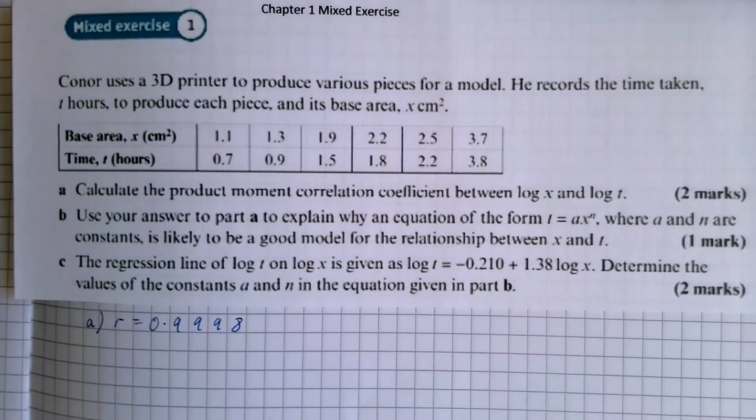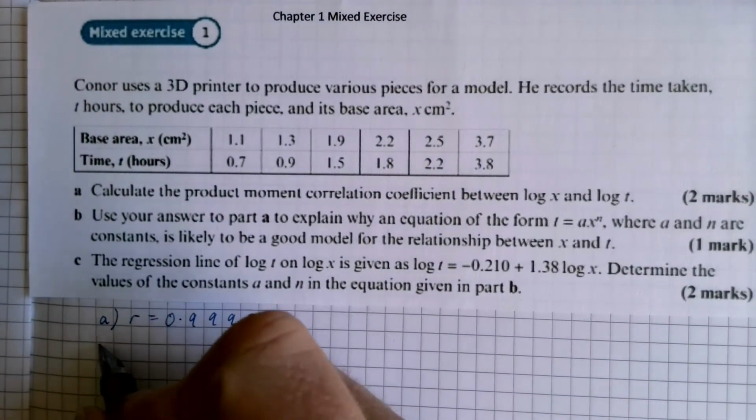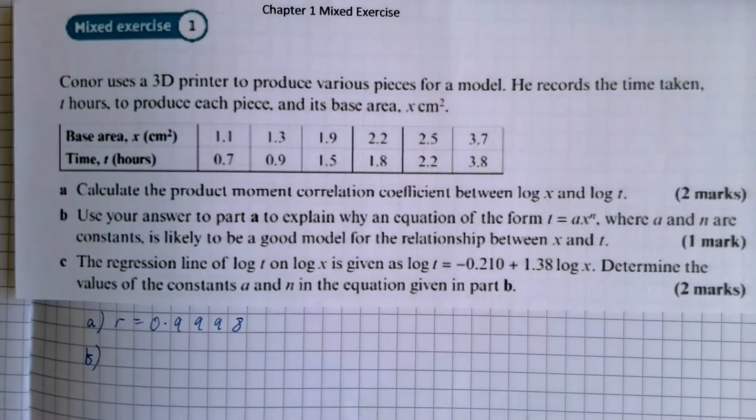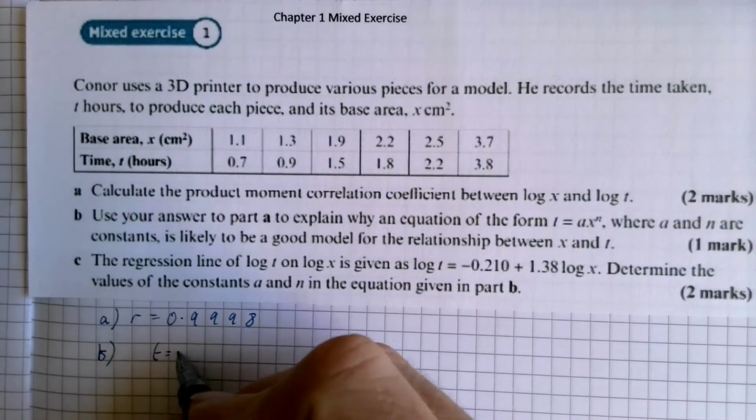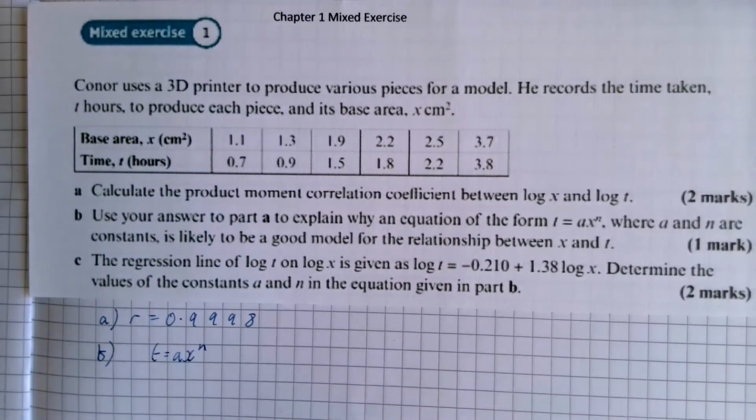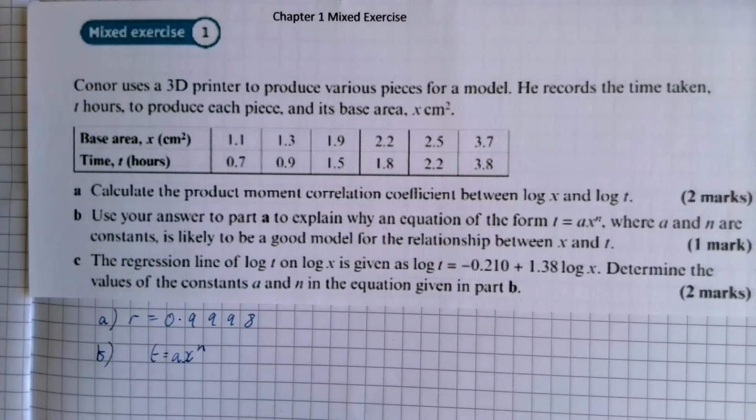So r equals 0.9998, and using your answer, explain why an equation in the form t equals a x to the power n is likely to be a good model for the relationship.